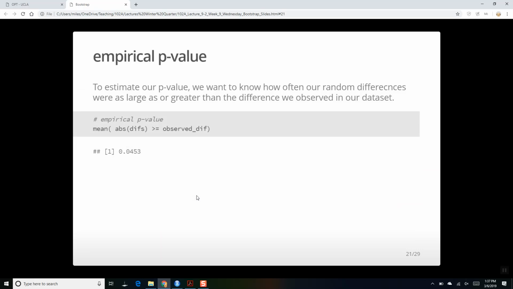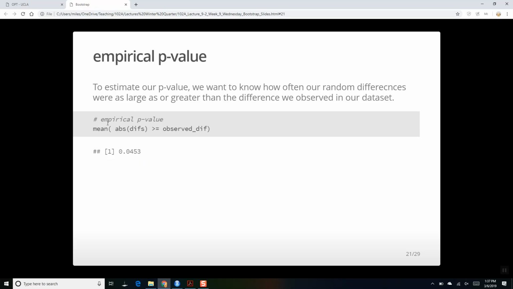To get our p-value, we ask how often, just from random sampling, did we get a difference that was greater than or equal to our observed difference of 5.9. So our observed difference was 5.9, and we asked how often we get something by random chance greater than or equal to our sample's summary statistic.